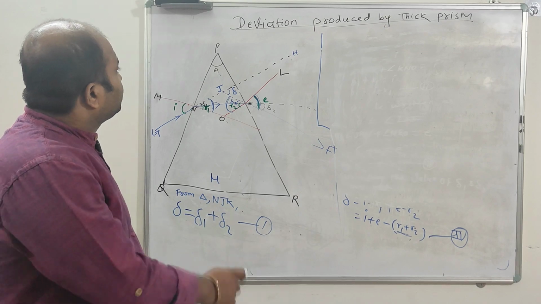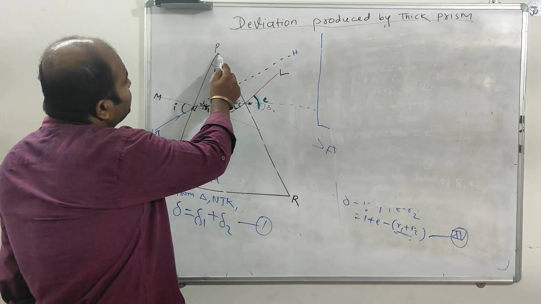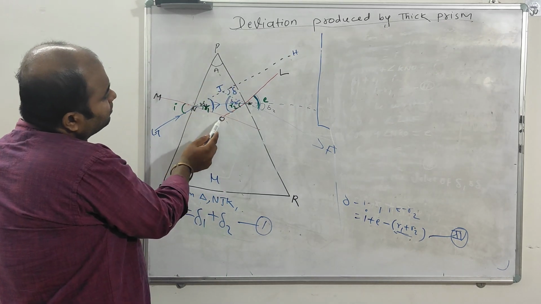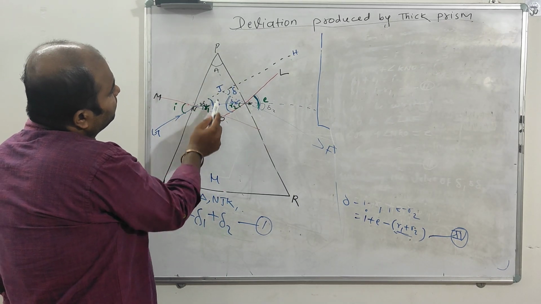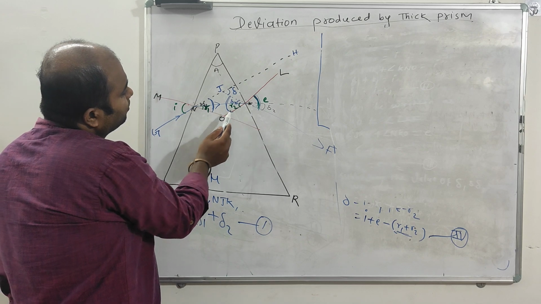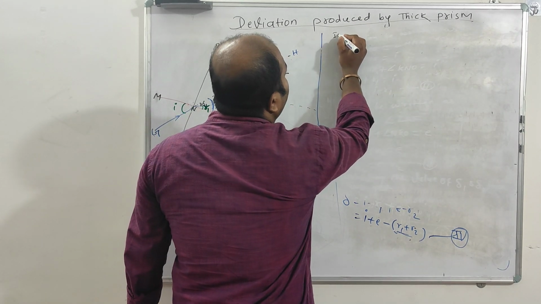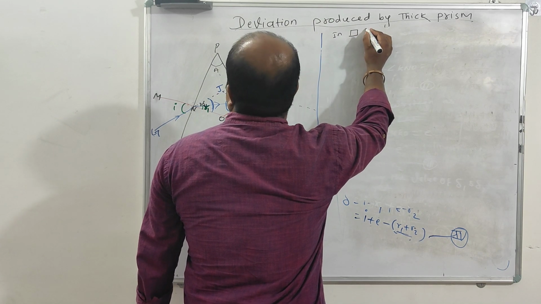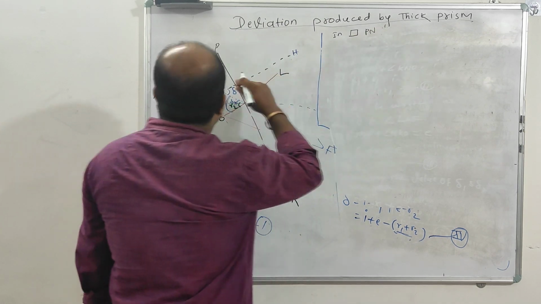So for this A, I have to consider the quadrilateral PNOK. So in the quadrilateral PNOK, what is that?